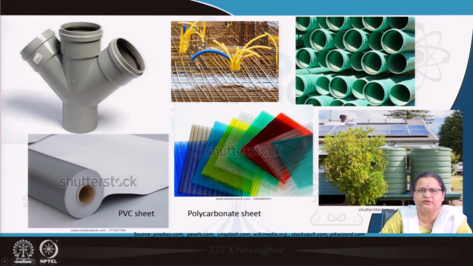So, you see reinforcements and you see a number of pipes coming out. So, these will be the carriers of the electrical routes. Here you see another sheet form, that is polycarbonate sheet.